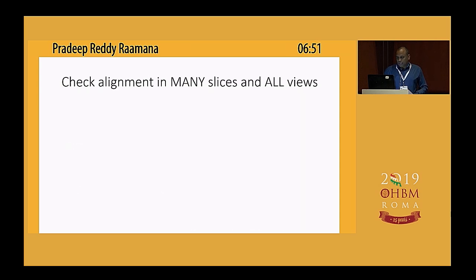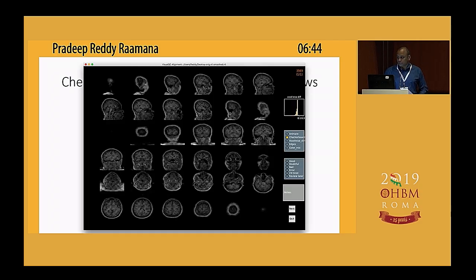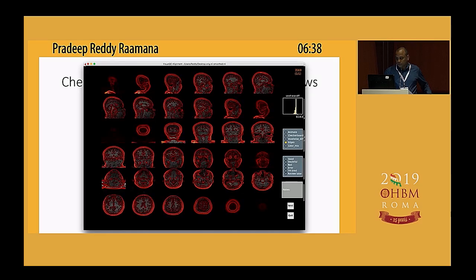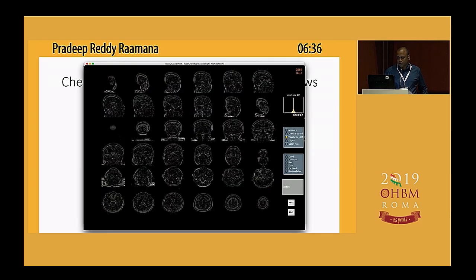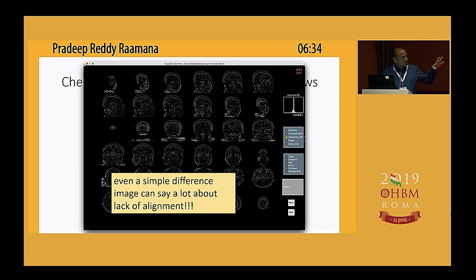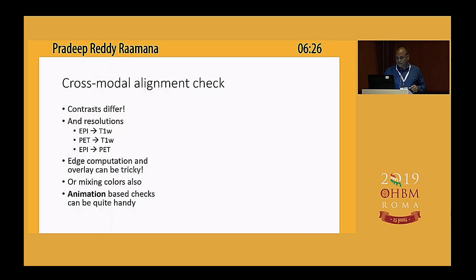So it's important that you check in many slices, because what seems aligned in one view or one slice might not be. So you want to look at the three views, multiple cross sections, even with edges, for example. Or if you take a simple difference image, it can actually inform you a lot about a lack of alignment in two particular images.